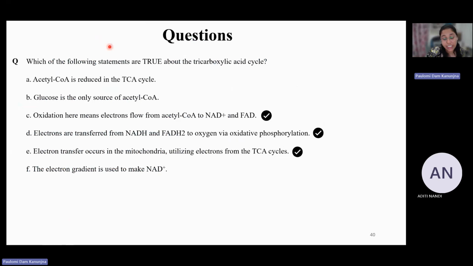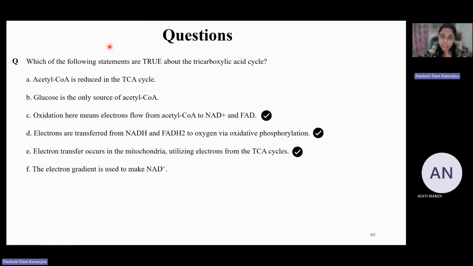If we are talking about gradient, the proton gradient is used to generate ATP. NAD plus, as we will see when we do ETC, is regenerated when NADH donates its electrons. So if you're talking about gradient, it's the proton gradient in terms of ATP generation.